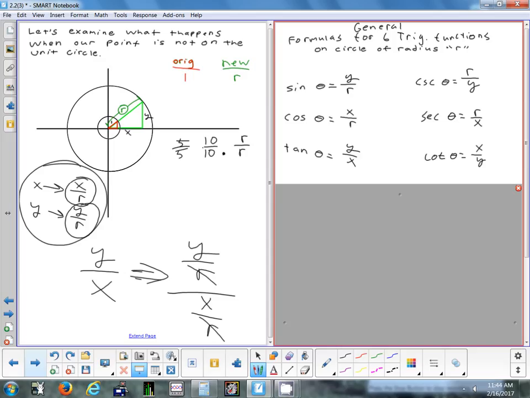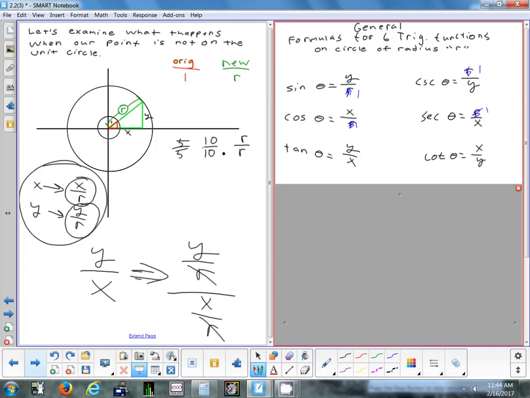Now, watch what happens. Don't write this down because I'm going to erase it in a second. But watch what happens if I change all the r's to 1s. Okay? That's the unit circle. If I make that a 1, make that a 1, make that a 1, and make that a 1. What happens? What are these formulas right here? Those are the original formulas.